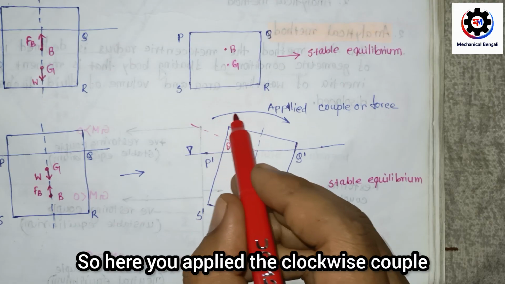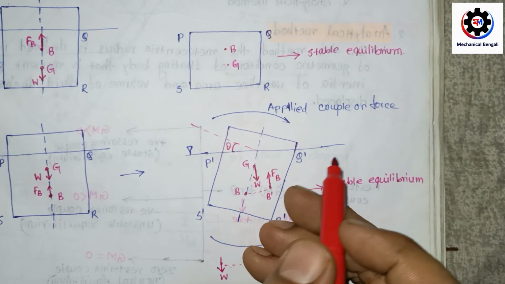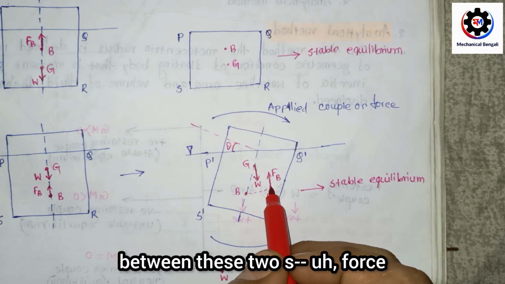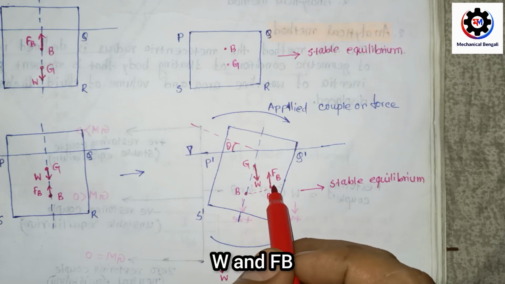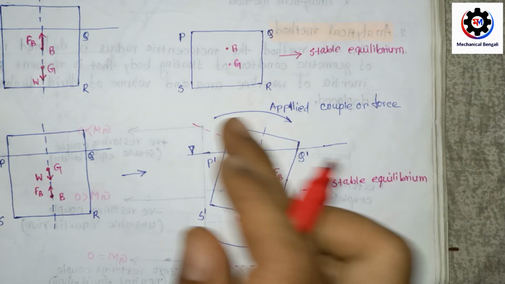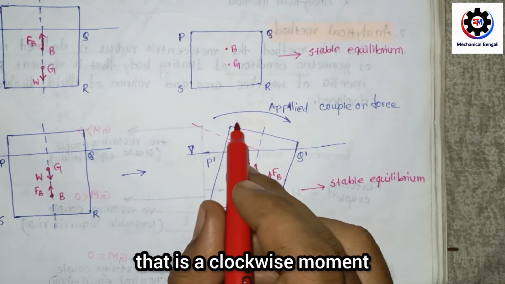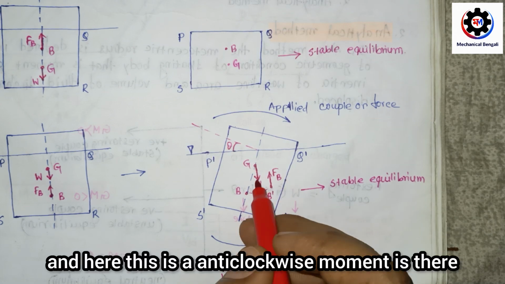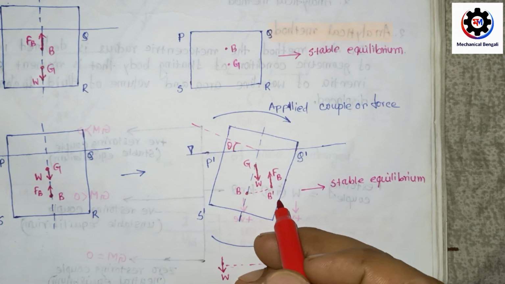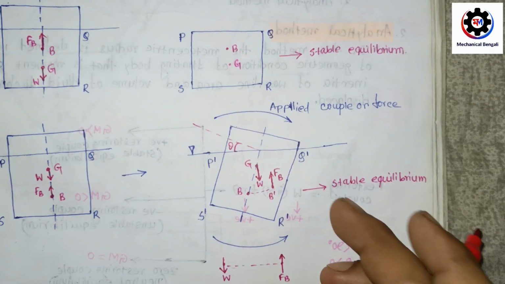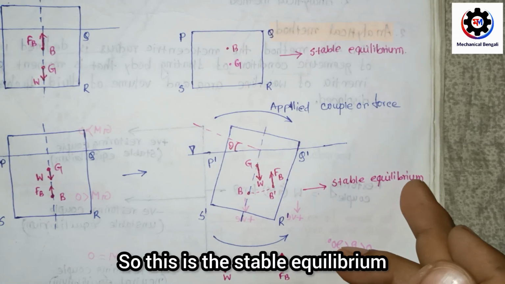Here you applied the clockwise couple, and between these two forces W and FB, they produce an anti-clockwise moment. So the applied moment is clockwise and this one is anti-clockwise. That's why the body will come back to the vertical position again. So this is the stable equilibrium.